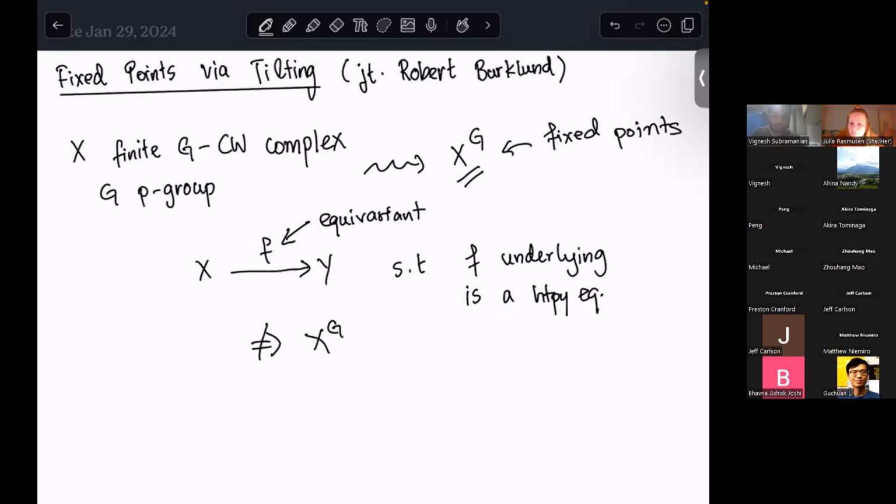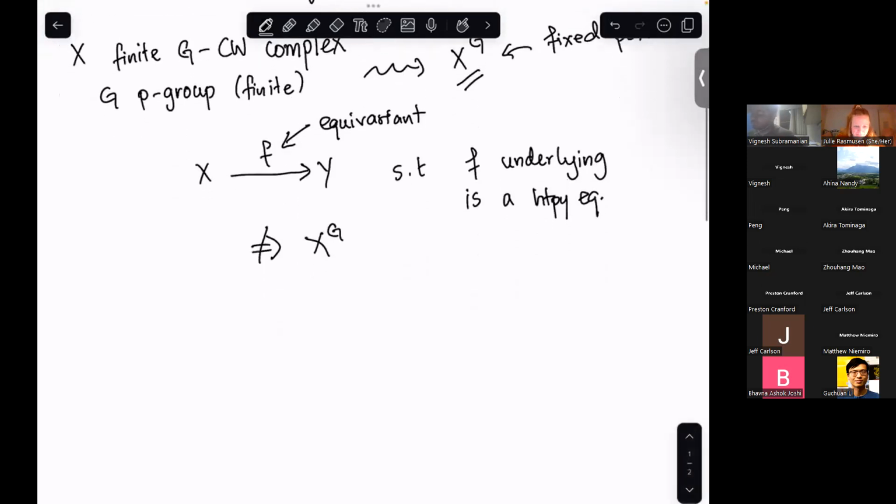I meant G to be a finite group which is also a p-group. So if you have an equivariant map whose underlying map is a homotopy equivalence, this does not imply that the corresponding fixed points are going to be homotopy equivalent.